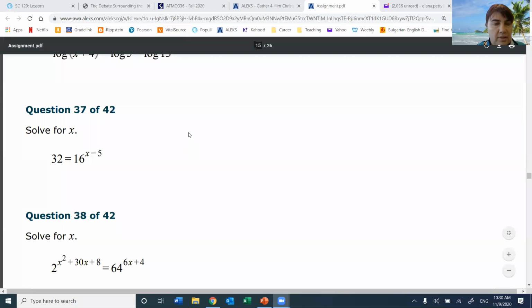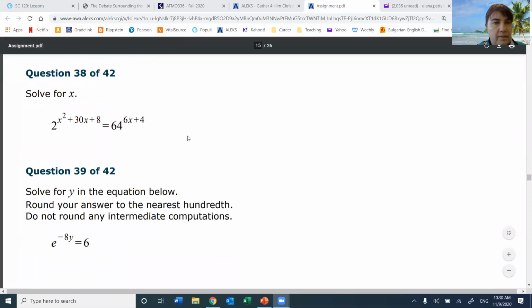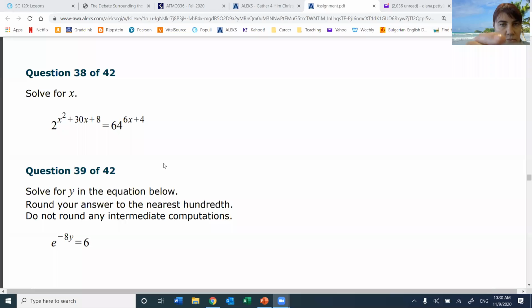Since you know the trick already, we're going to present 64 as 2 to the 6, one more. Okay, so then the whole thing would be 2, I'm just writing whatever is on the left, equals 2 to the power of 6 times 6x plus 4.